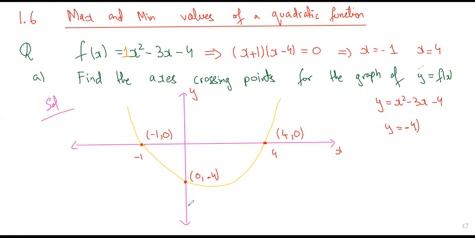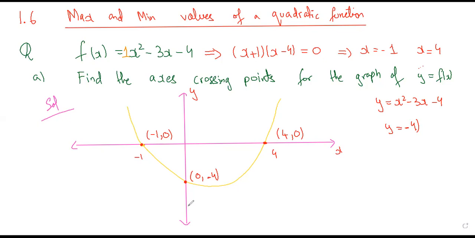Here we are basically talking about the plotting of the quadratic function. In order to plot the quadratic function, we need two things. First of all, you need to see if the coefficient of x squared is positive or negative. The coefficient of x squared is 1 here. It is positive, so it would be a U-shaped graph. So I made a yellow U-shaped graph.